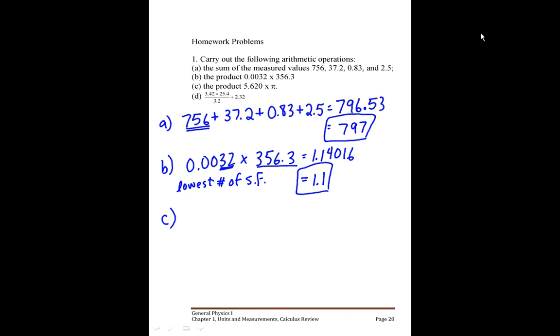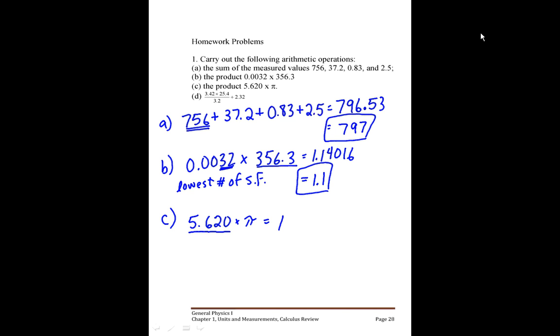Part C, the product of 5.620 times pi. Pi has an infinite number of known digits, so we don't consider it when we consider our significant figures. The lowest number of sig figs in this case is with this number, and it has 4 sig figs.